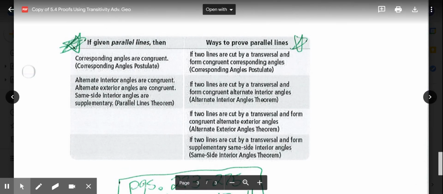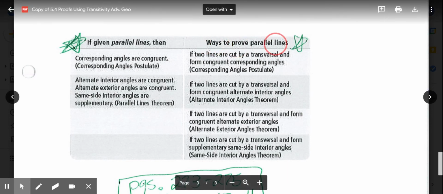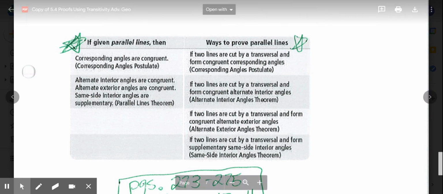If we're starting with an angle relationship, trying to prove lines are parallel, you would want to look in this column at one of these four postulates or theorems. So the first one, if two lines are cut by a transversal and form congruent corresponding angles, then the lines are parallel.